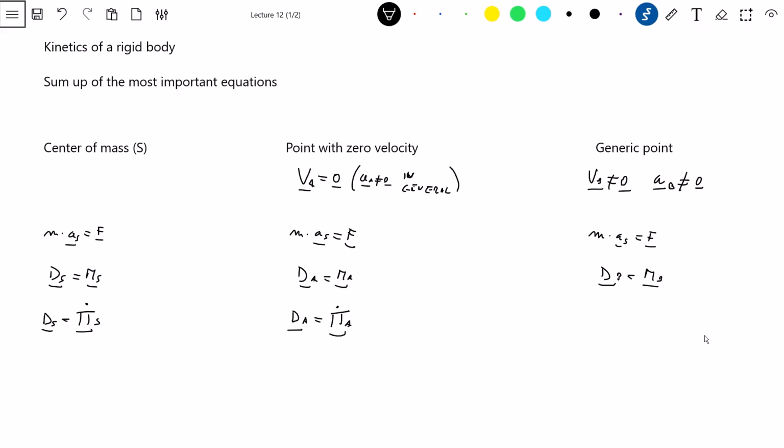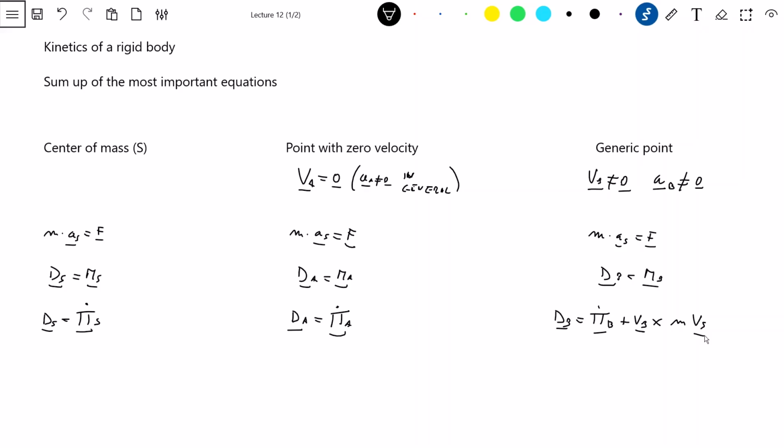But in the case of a generic point, we have that dB is equal to pi B dot plus the velocity of point B cross product the mass of the rigid body times the velocity of the center of mass. So this becomes a little bit more complicated.